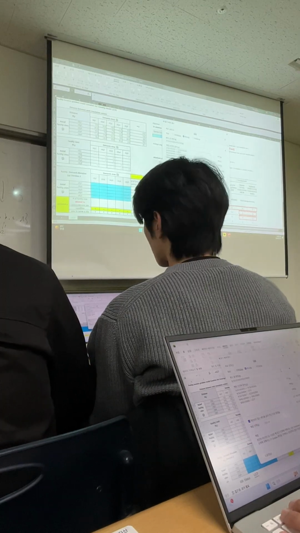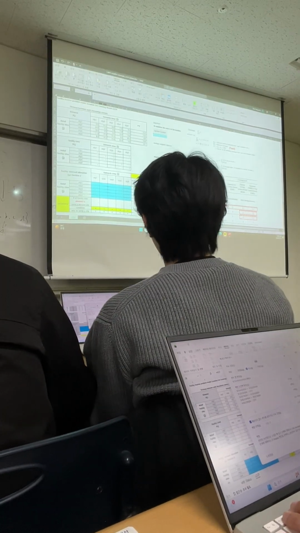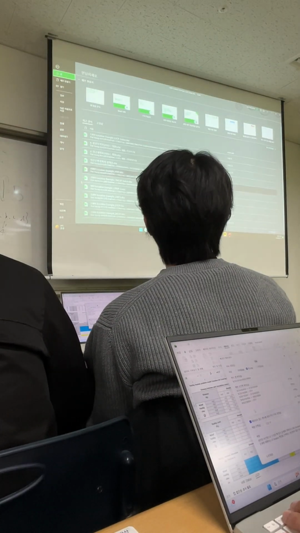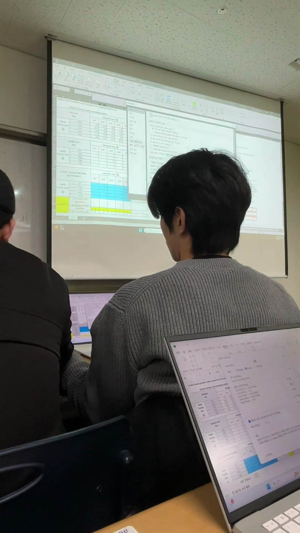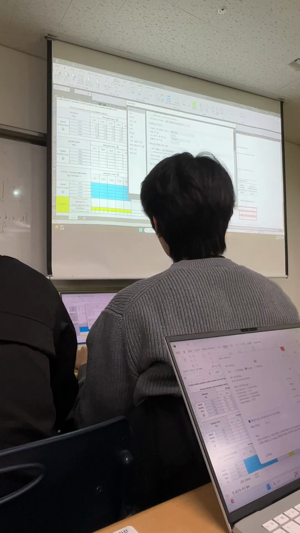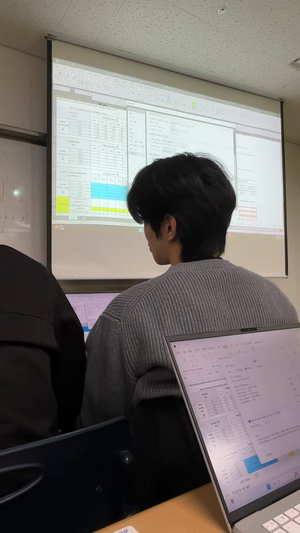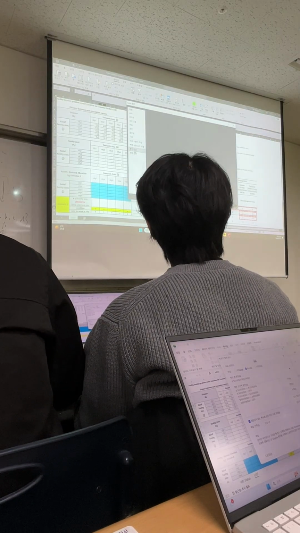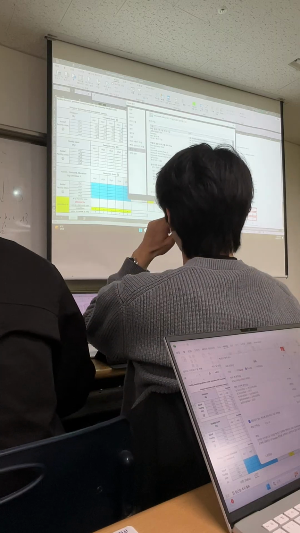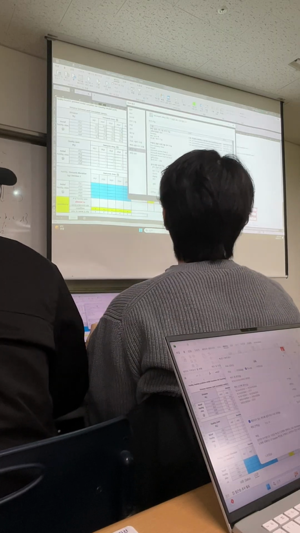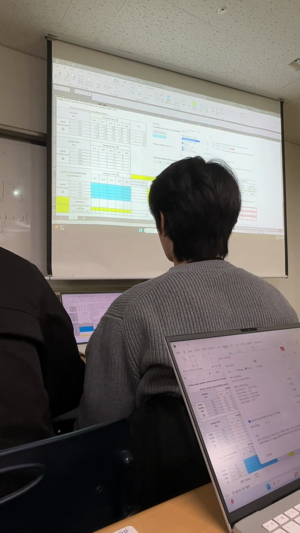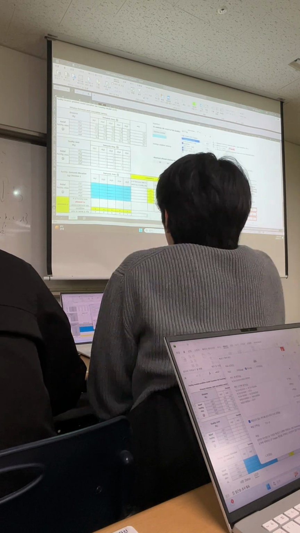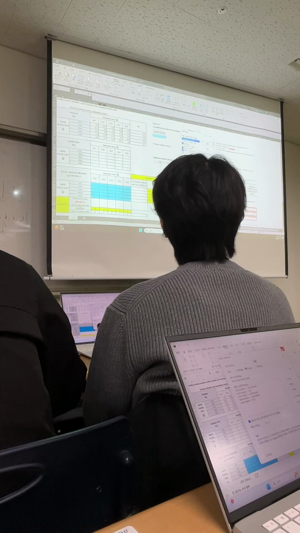So if I repeat again, then you go to the options and then go to here, the Excel add-ins here, and then you need to check solver.